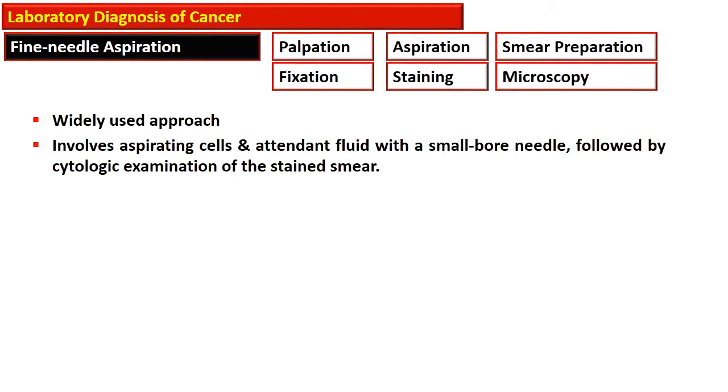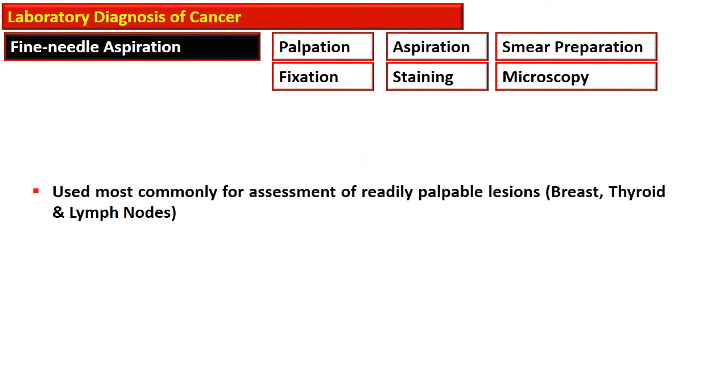So fine needle aspiration is done on palpable lesions, which are usually present in the breast, thyroid, and lymph node or soft tissue, if any.